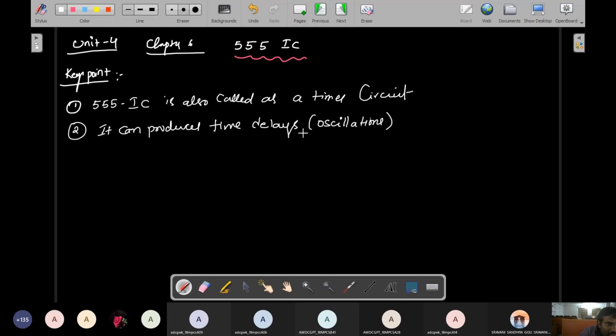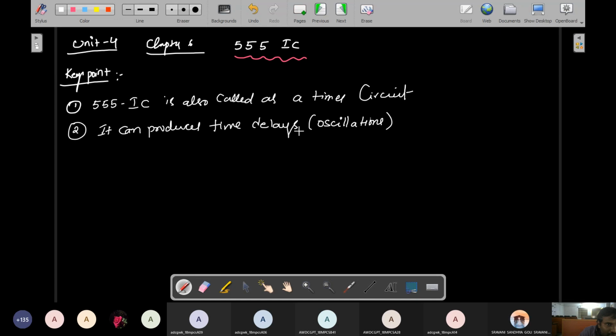So that is the reason why we are using triple five IC as an astable multivibrator and monostable multivibrator. These astable or monostable multivibrators are used for alarms, digital alarms, like fire alarms, and similarly safety alarms in large companies.